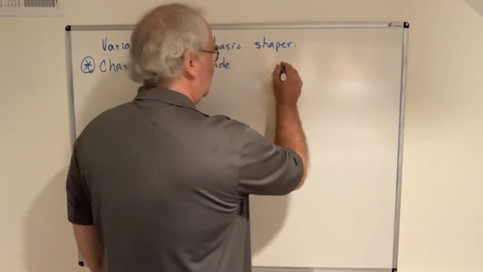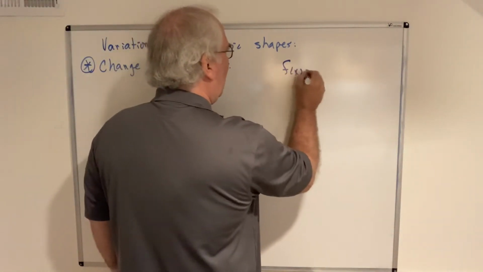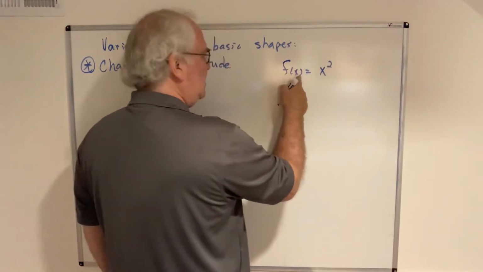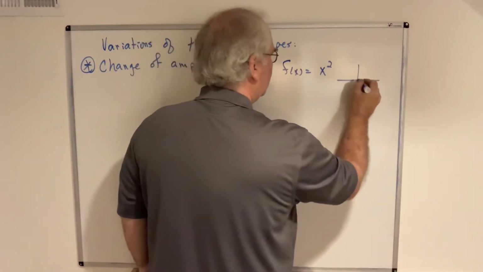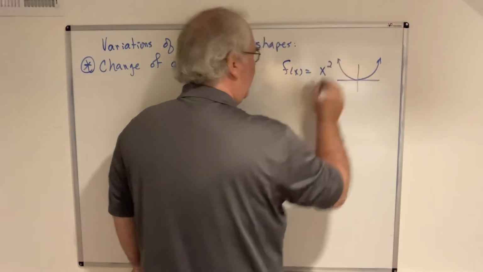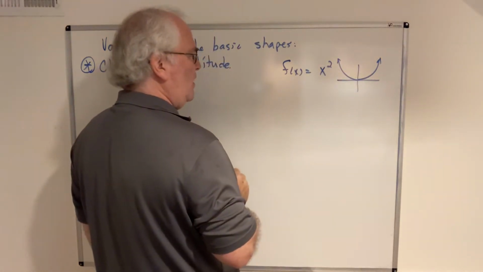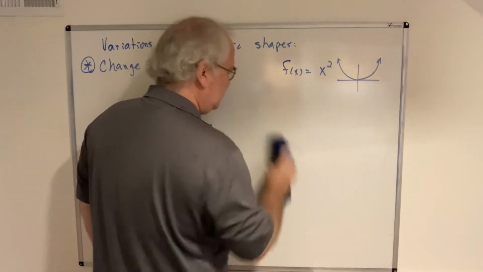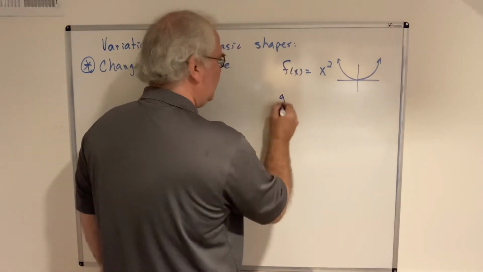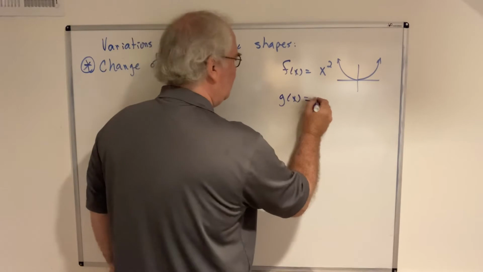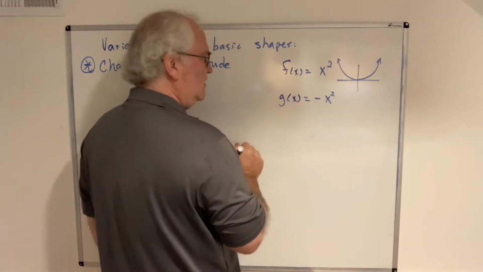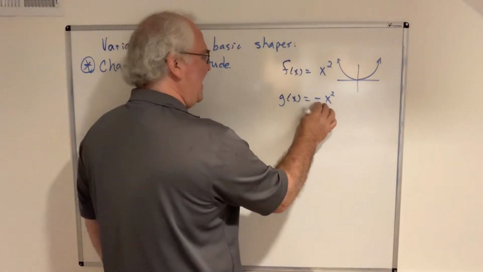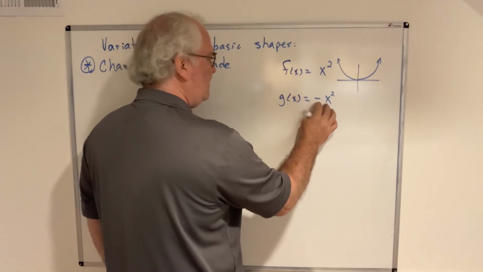In particular, we recall f of x equals x squared. I hope most of us know that's the basic shape square function. And I hope most of us also know this. If I take g of x equals negative x squared, you recall what putting a negative in front of the function does?